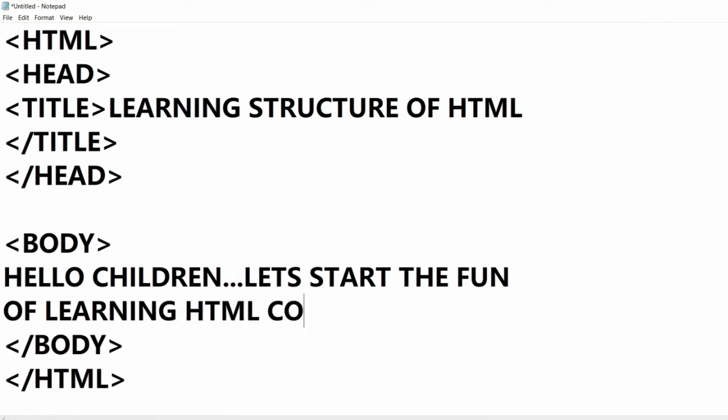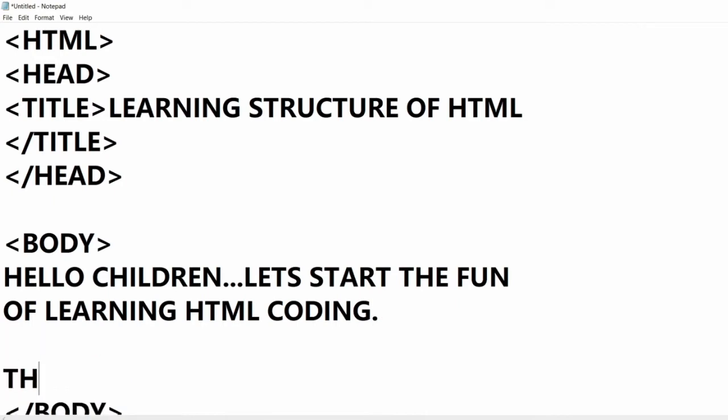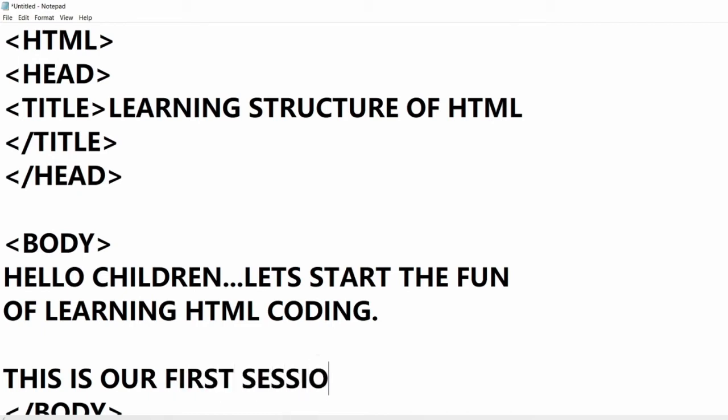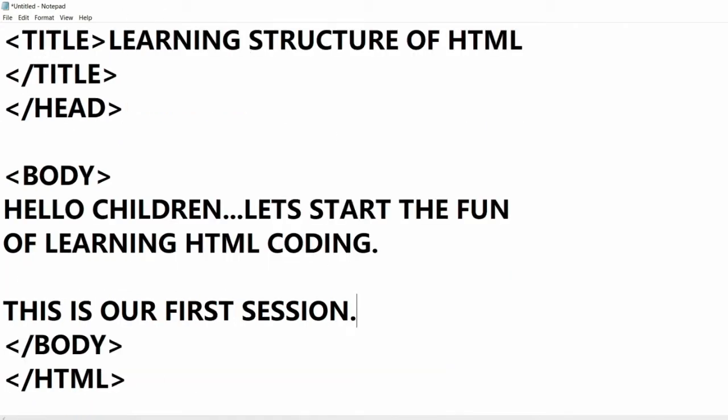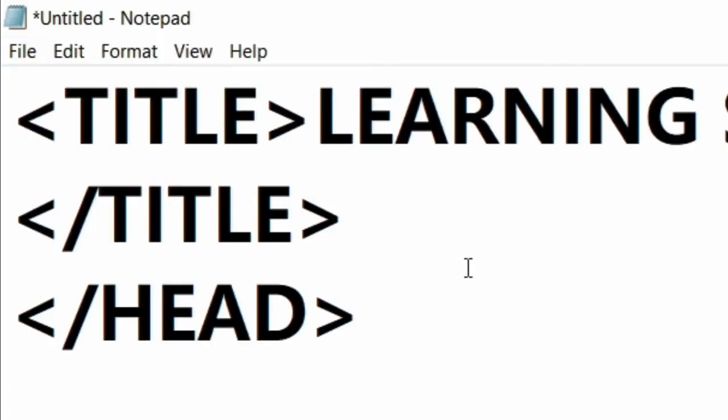Here we have not taken any extra tag except the title, and within body see I have written a few text lines. That is, hello children, let's start the fun of learning HTML coding. This is our first session. We have done this before also, but this is a quick revision.